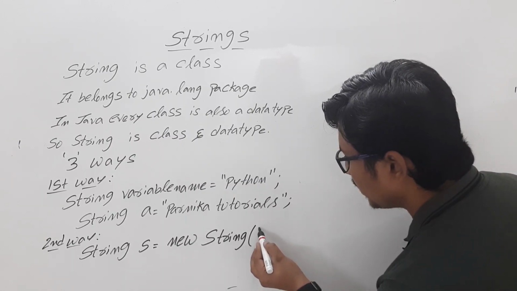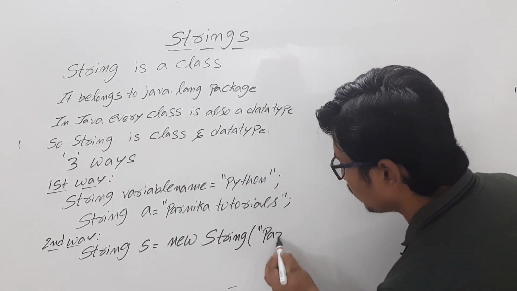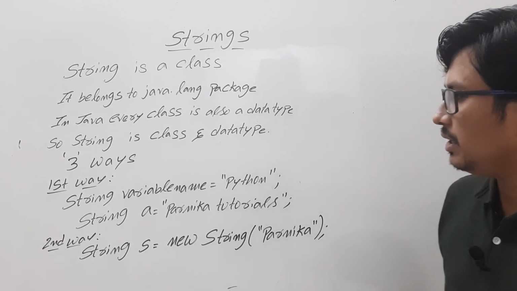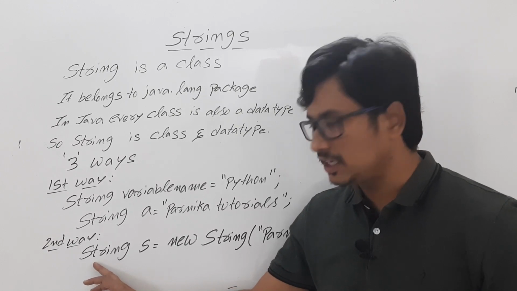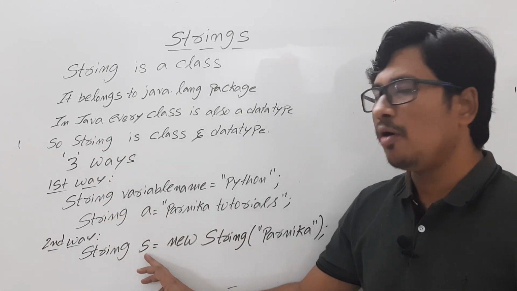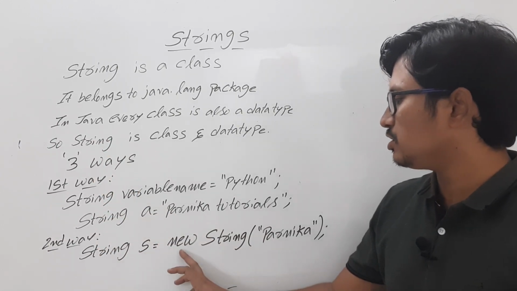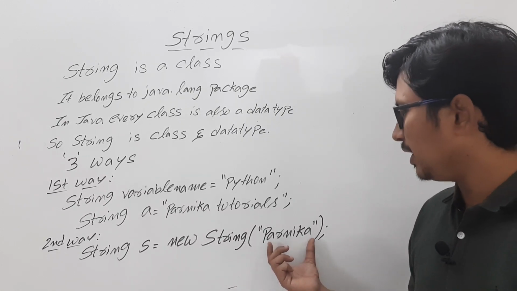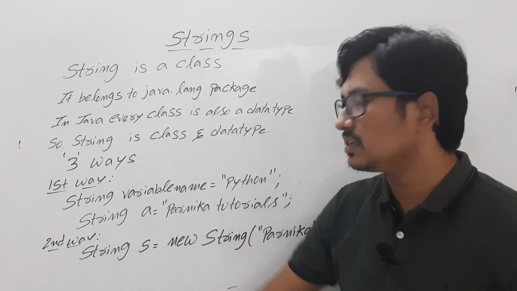If you want to provide Parnika, you can provide Parnika here. Is it clear? So you simply write String, which is a class, then the object name, which is S, is equal to new String, and whatever value you want to provide. So this is the second way.